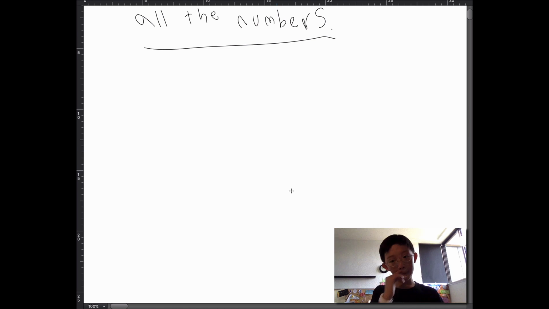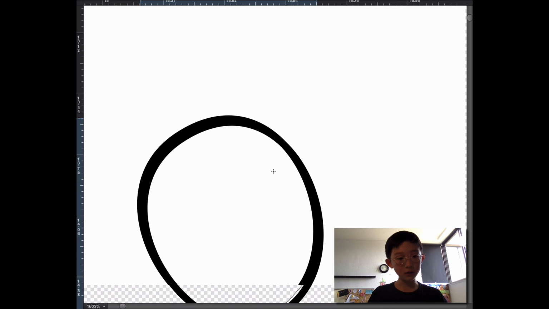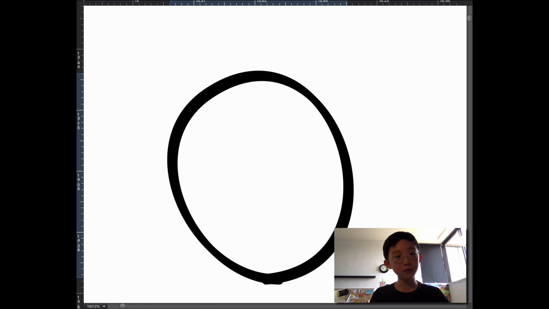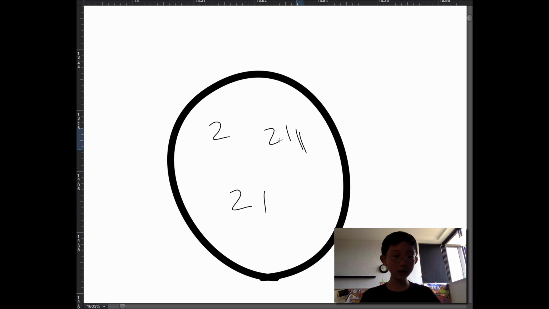Okay, anyway. First of all, the real numbers. So all the real numbers means stuff like, I'll zoom in. Ooh, that looks cool. So all the real numbers, for example, like 2, and 21, or 211, any number like that.